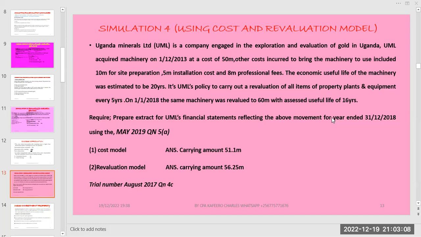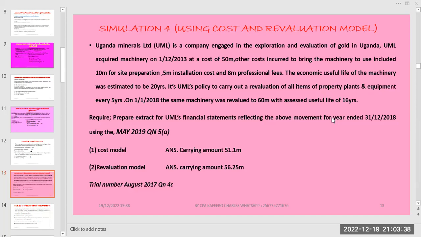We looked at the purchase price and other incidental costs that are directly attributed to the asset. Then we looked at the unavoidable costs of dismantling and restoration of the site after the useful life of the asset.